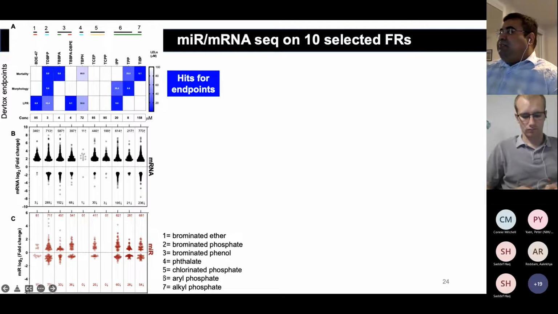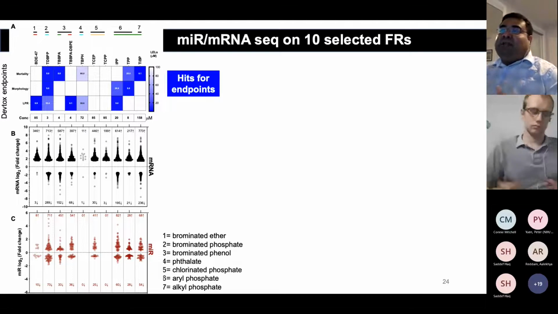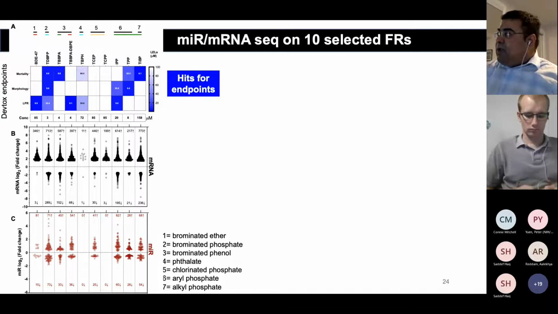And this suggests that there can be underlying molecular changes in absence of phenotypic changes, but it also suggests that it might be difficult to group these flame retardants based on their gene expression and chemical class profiles.